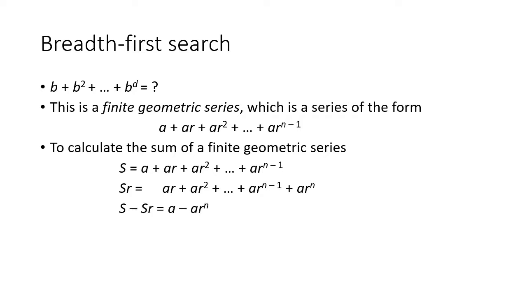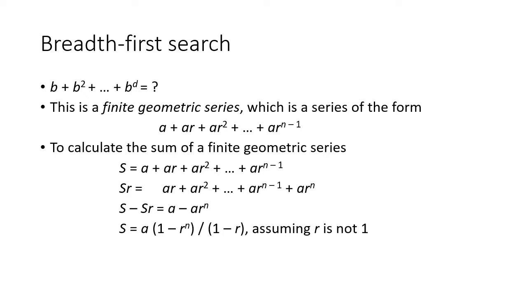So we can do a little algebra on this. Subtract S r from S, and on the left-hand side, we have S minus S times r. On the right-hand side, all those middle terms cancel, and we have a minus a times r to the nth power.